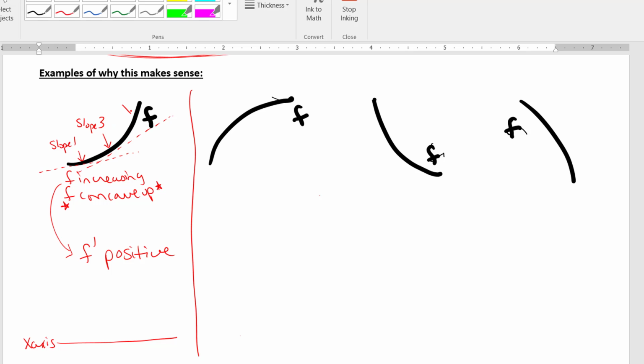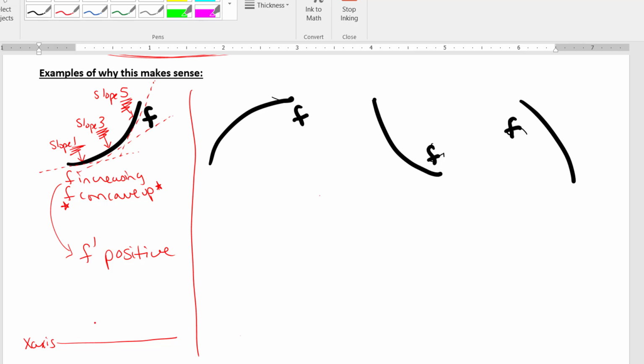Then as I walk even further to the right, f is still increasing, but even steeper, so perhaps slope 5. So on the graph of f of x, f prime is 1, then 3, then 5. All those f prime values are positive, but even more, they are increasing.